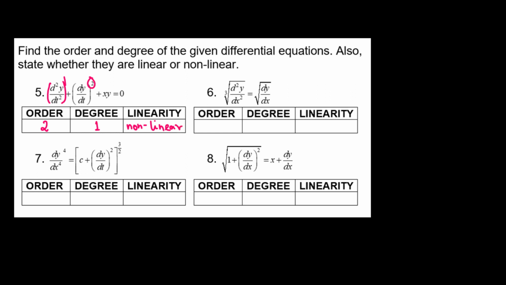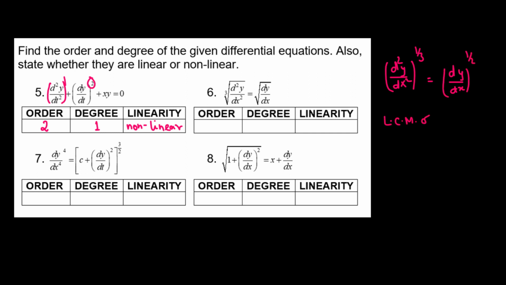Problem number 6. So we have the cube root of the second derivative of y with respect to x equals the square root of the first derivative of y with respect to x. What we can do here is rewrite this differential equation as the second derivative of y with respect to x whole raised to the power of 1/3 equals dy over dx whole raised to the power of half.